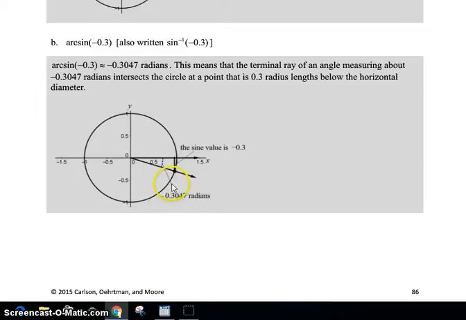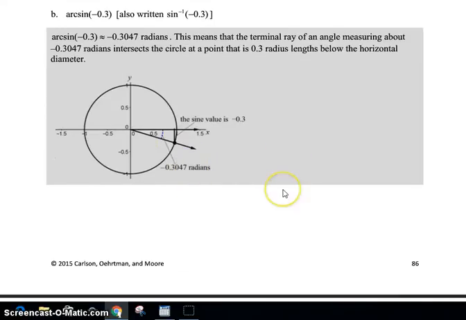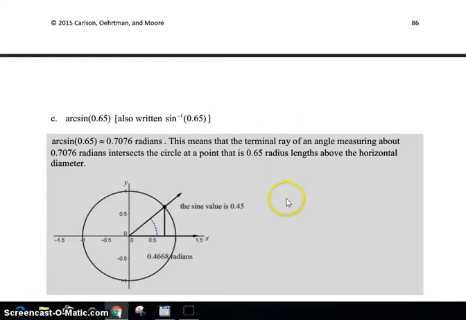And I hope I said that right. I think I may have misstated. So again, arcsine of -0.3, that should mean this vertical distance to the horizontal axis to point P is this -0.3. And arcsine will take you backwards and give you radians. So I think I misspoke the first time. Read that carefully, because that's easy to miscommunicate.